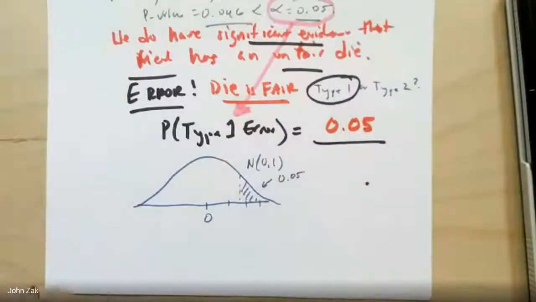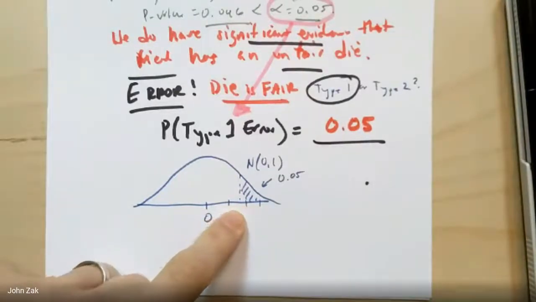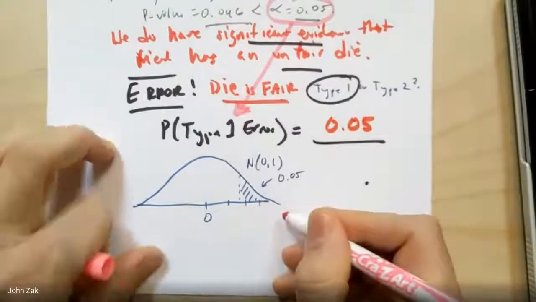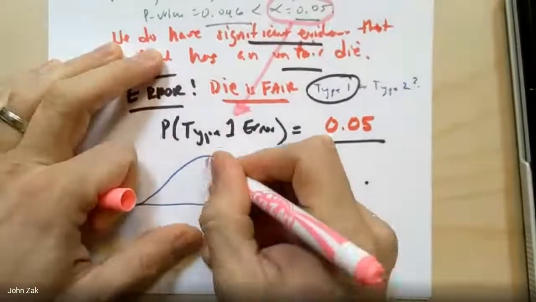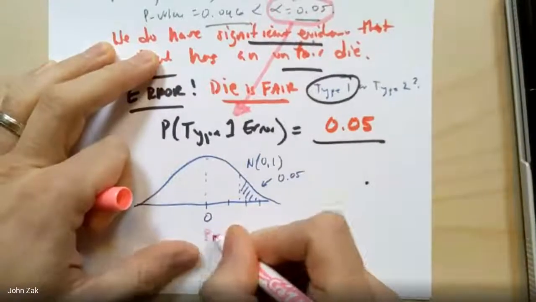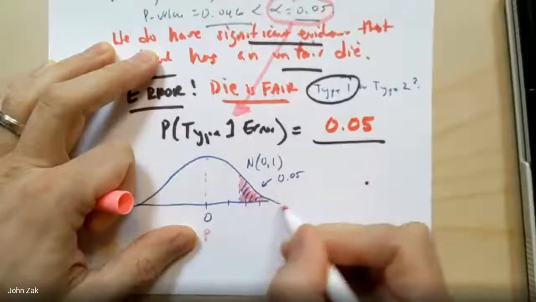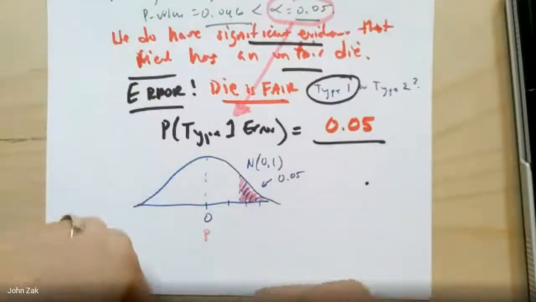Then there's a 5% chance, just by sheer luck, I could end up finding a test statistic that's out this way. If this represents what would happen ultimately on average, this would be my average value. 5% of the time, I could end up getting something over here just by sheer chance.